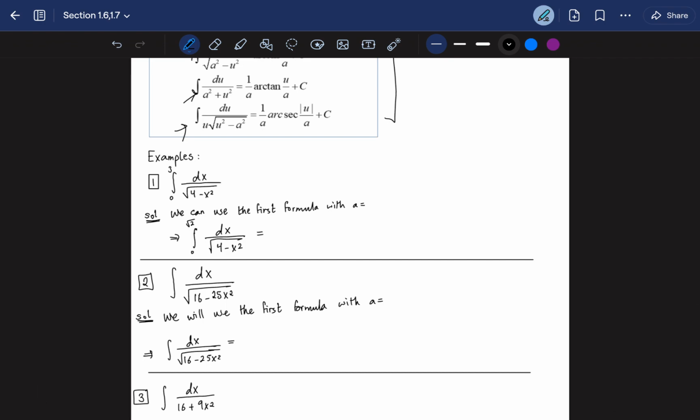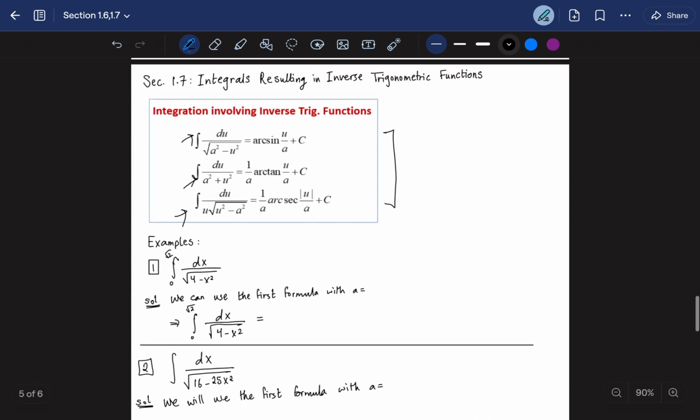I have a definite integral from 0 to the square root of 2, and we want to find the integral of 1 over the square root of 4 minus x squared. If you look at the first formula, this kind of looks like it, right? So we're going to use the first formula, but here this 4 is my a squared.